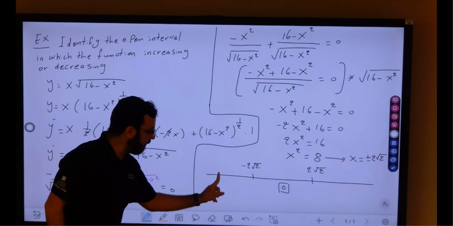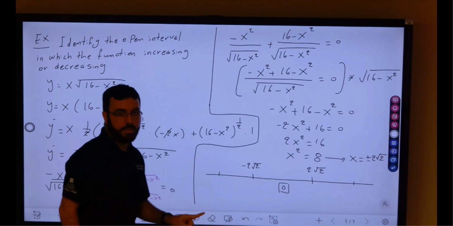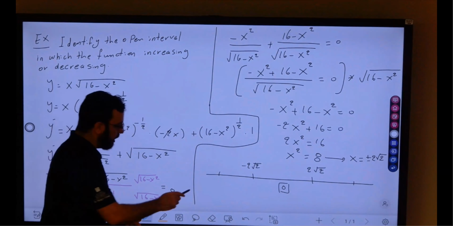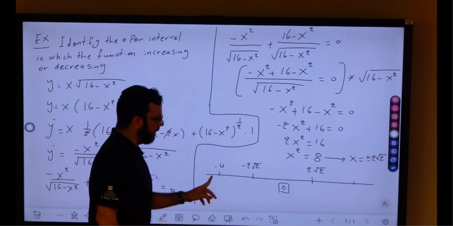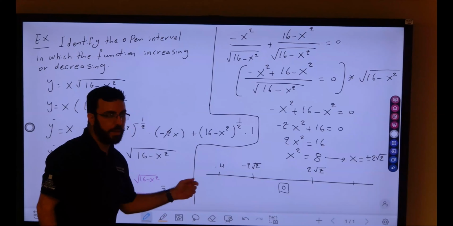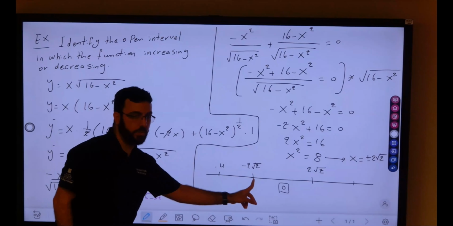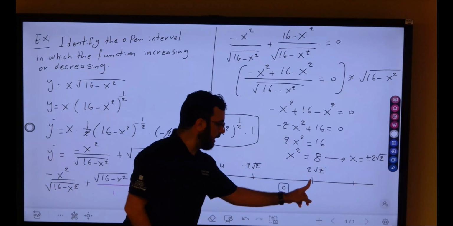So you're going to choose -4 here and 4 here. Let's check with -4. That means I don't have to test the function from this side. I'm going to test from -4 to this point, from this point to this point, from here to here.